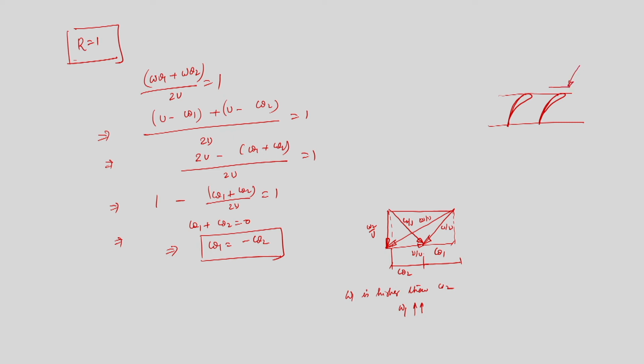This is C1 while W1 is higher. This is W1, this is C1, this is U1. Similarly, our outlet velocity triangle will be W2, C2, U2, and we have a stator part.